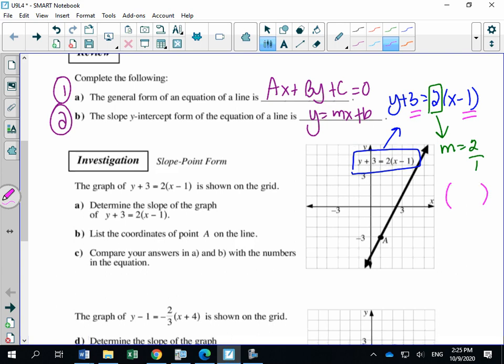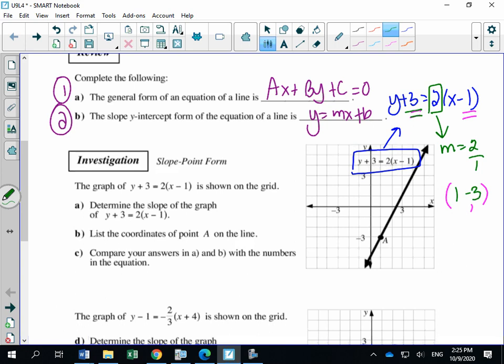Now here's the thing. The point is not -1, 3. When we're dealing with the points in the equation, to get the point, you have to actually do the opposite. So say to yourself, okay, what's the opposite of -1? The opposite of -1 is +1. And then what's the opposite of 3? The opposite of 3 is -3.